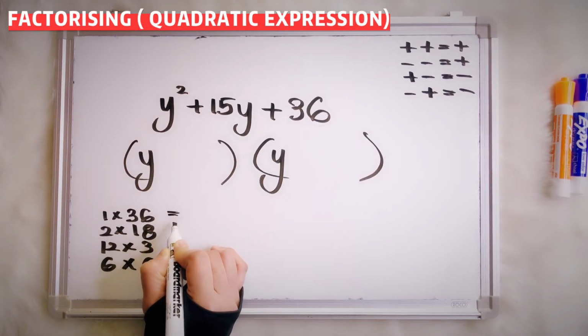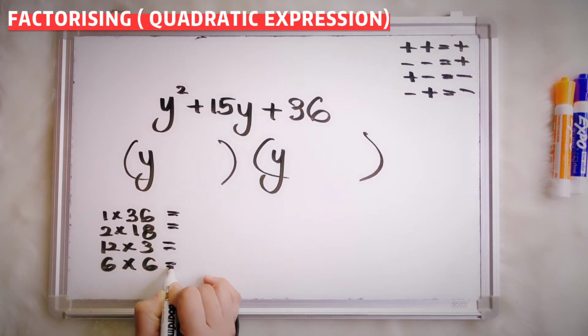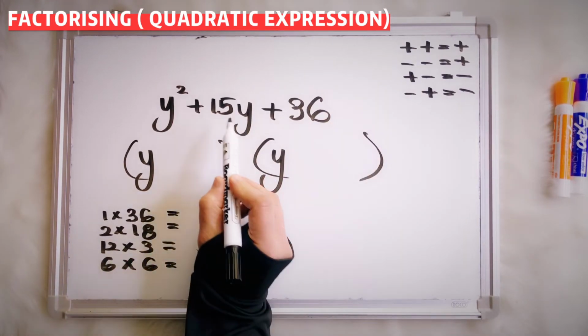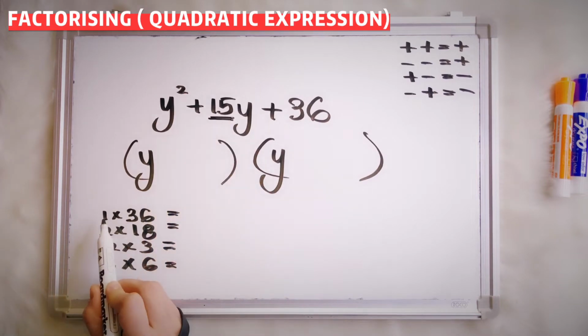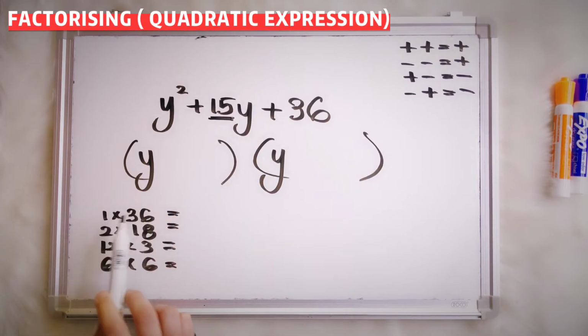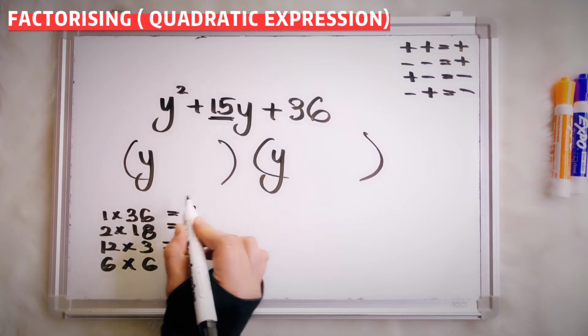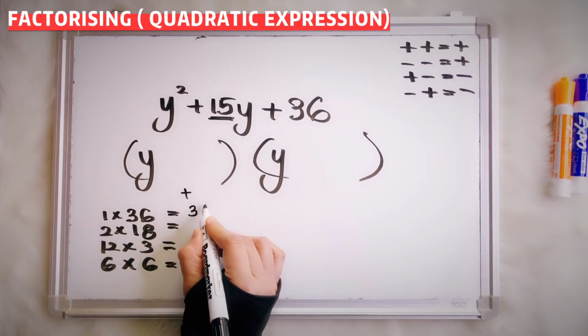These are all the possible values for 36. Now for the second step, we check which two factors add up to 15. 36 plus 1, you will have 37.